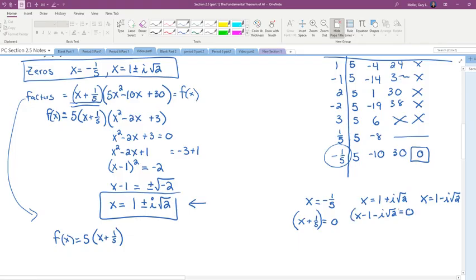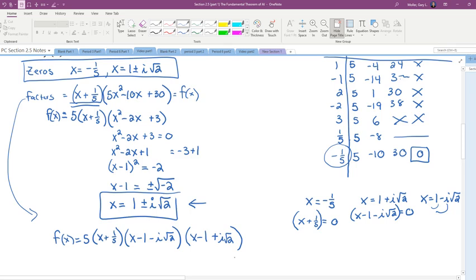This becomes my factor. So one of my linear factors is x minus 1 minus i root 2. And the other one, if I move these both over, I get x minus 1 plus i root 2. And there is my product of linear factors.